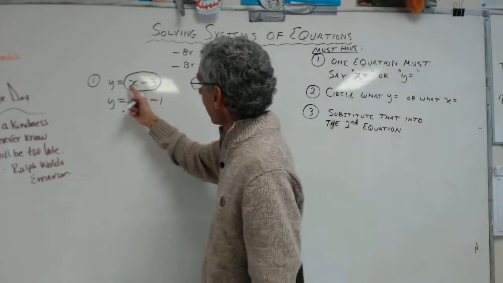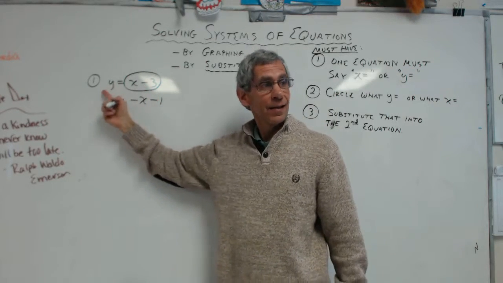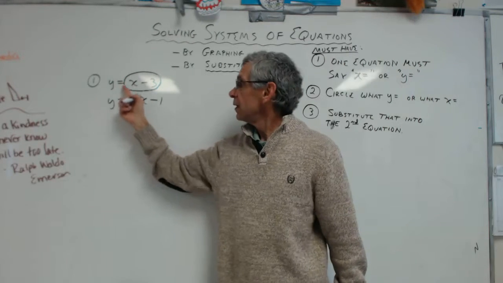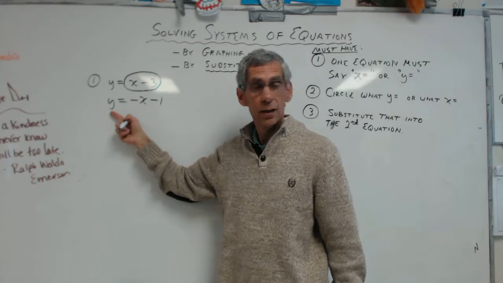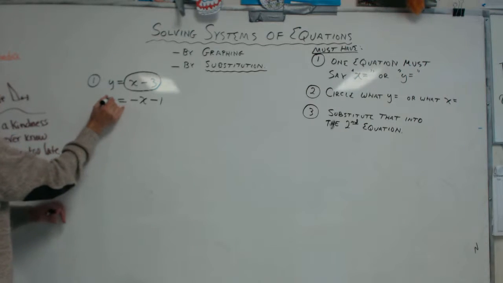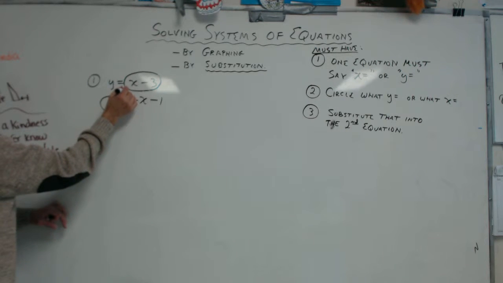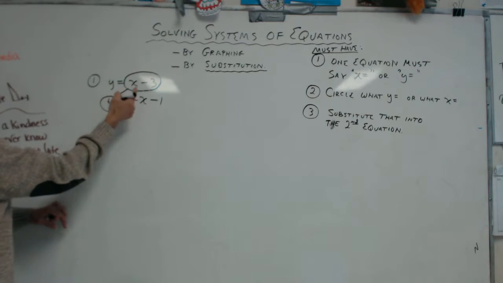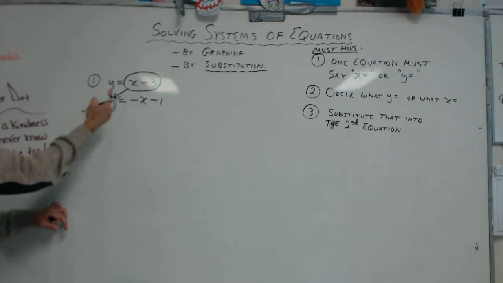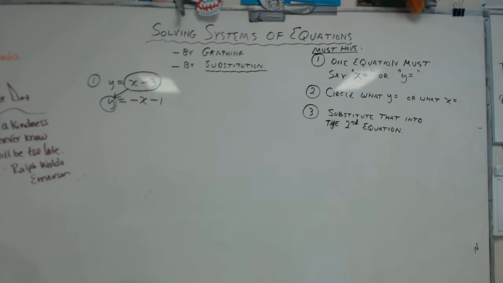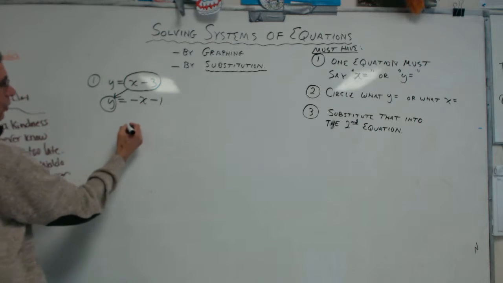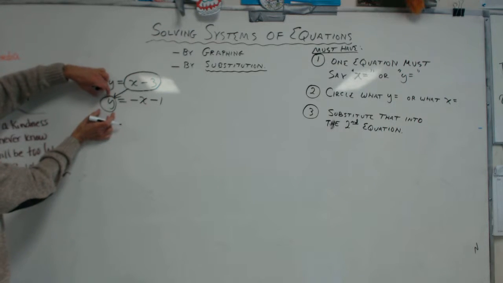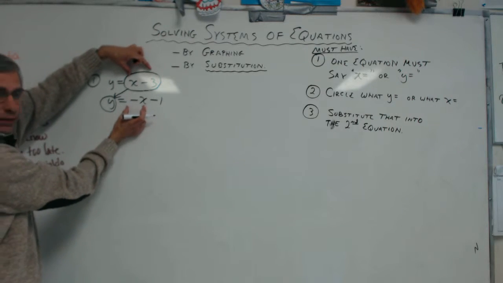Therefore, since this equals y, this also equals this y. So I'm going to circle this y, and I am going to replace it. I'm going to substitute this y with that. So now, instead of writing y here, I'm going to write the x minus 3.